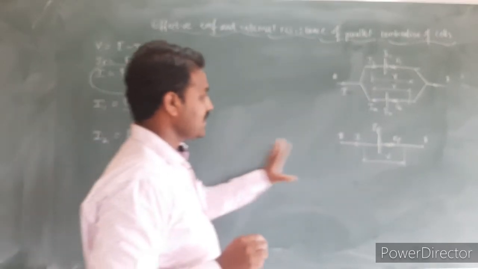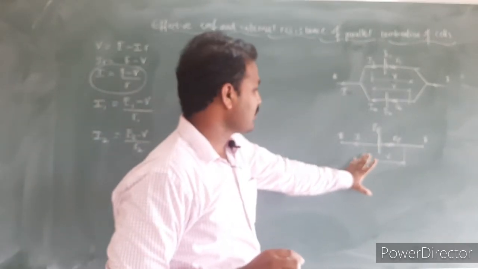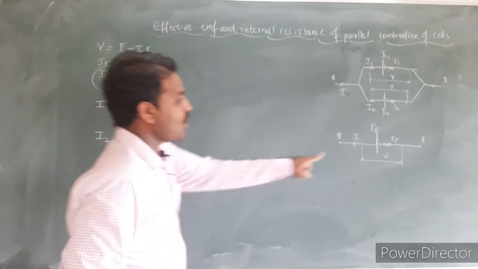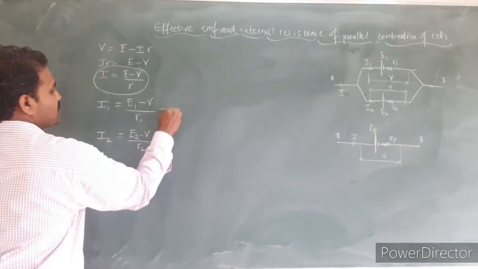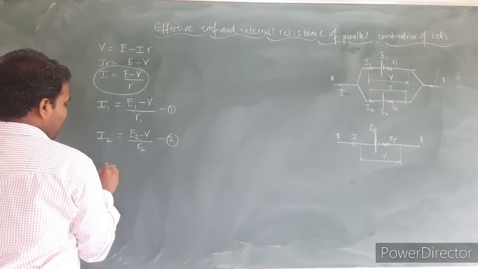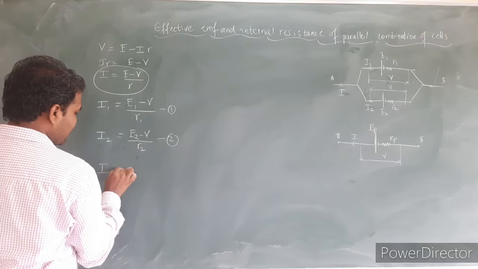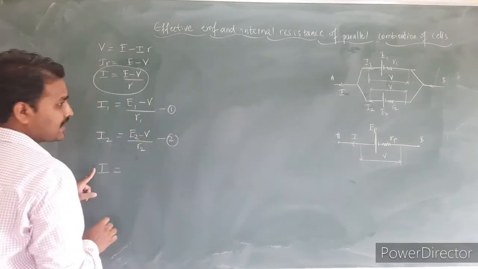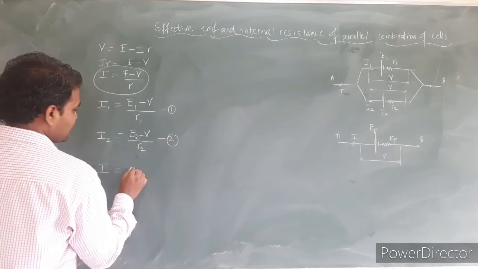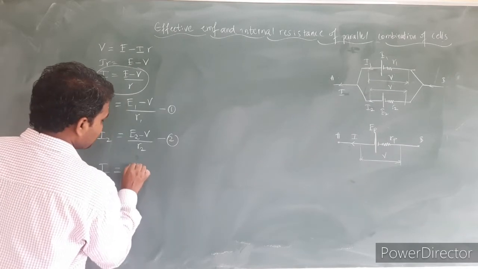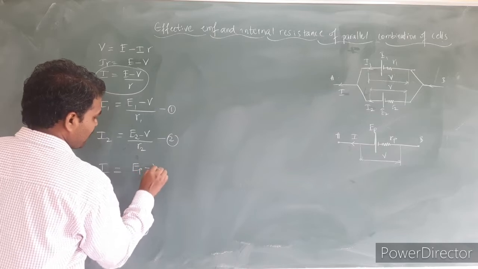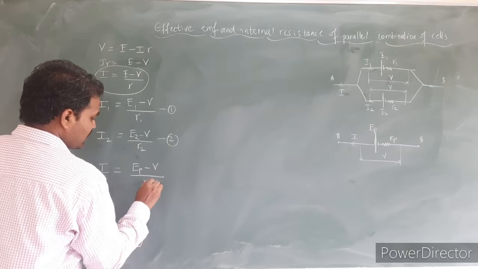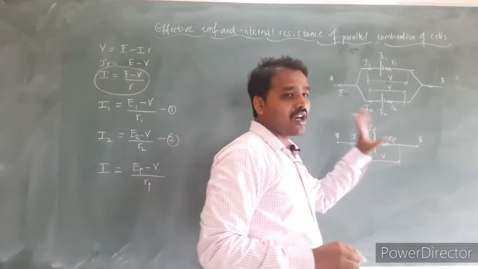Then if I consider the effective combination of both the cells, I can write the expression for the current flowing through the combination of the cells. Let these be equation number 1 and equation number 2. Considering the equivalent circuit, I can write the current I is equal to EMF EP minus the terminal potential V divided by the resistance of the combination, which I have written as RP.